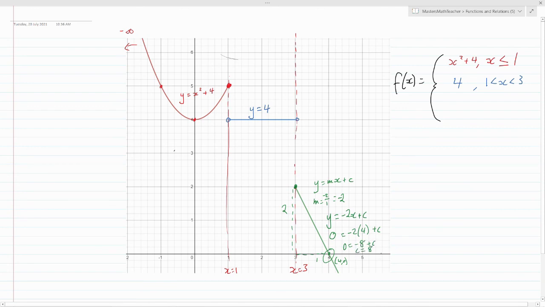So our full equation here is y equals negative 2x plus 8. And that's what we write up in our function, negative 2x plus 8. And our region, well, it's for all x values greater than or equal to 3.